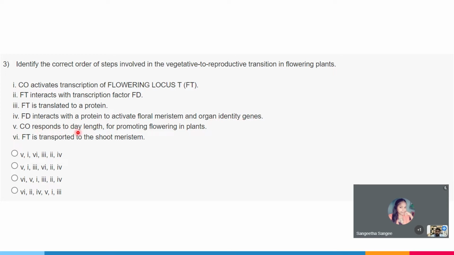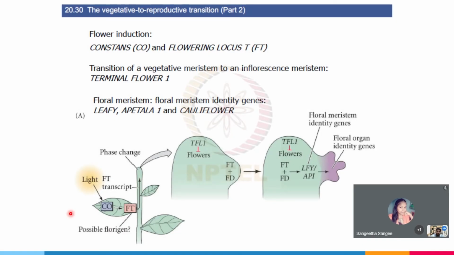CO responds to day length for promoting flowering in plants, and FT is transported to the shoot meristem. These are the six options, and we have to put them in the correct order according to the four options given right here. So let us go ahead and look into the vegetative to reproductive transition in plants.